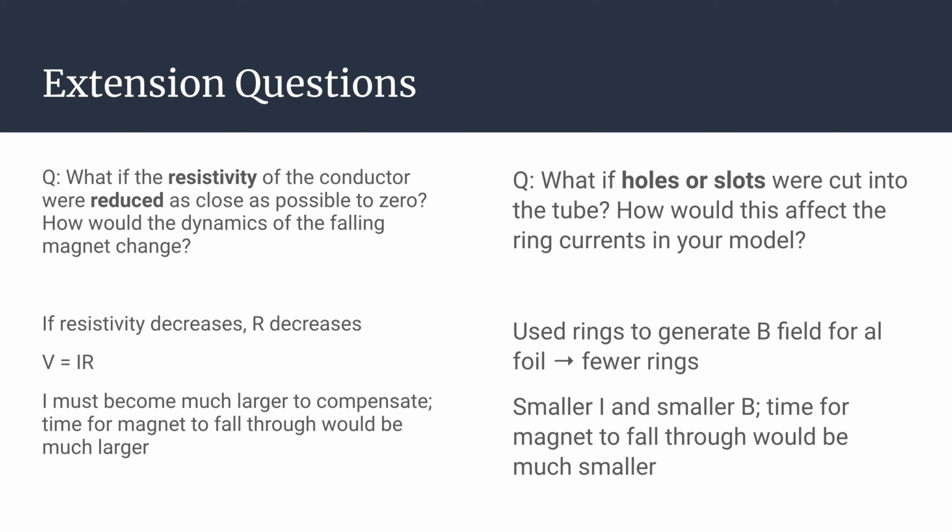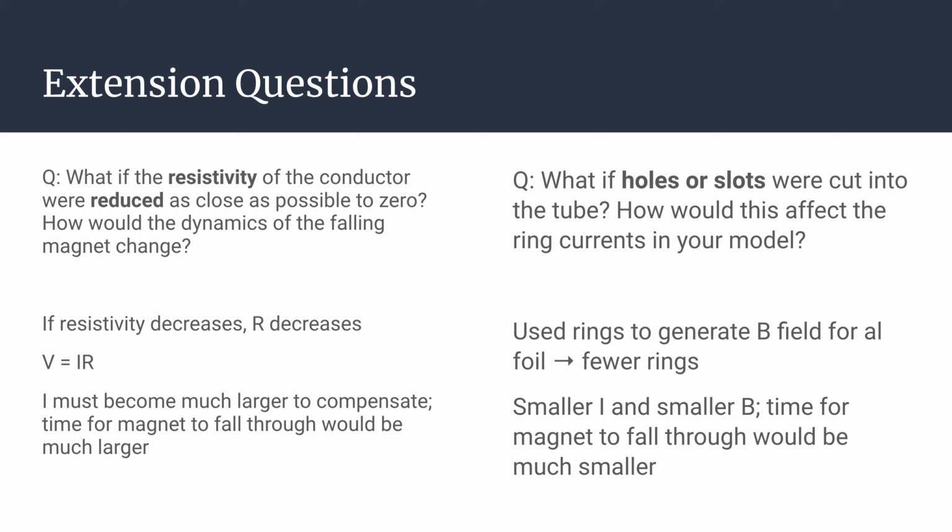And then if resistance is lowered, then in order to balance out your EMF value, the induced current has to increase to compensate. And then with a larger induced current, the magnet would fall through the foil much, much slower, because your magnetic force is increased.